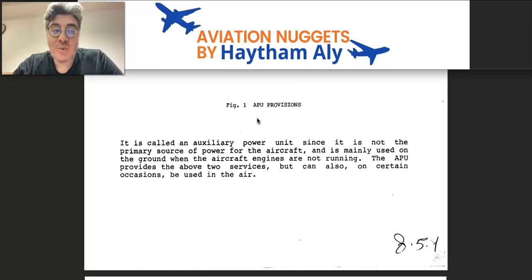So the APU will mainly be used on ground to allow the aircraft to be independent from bleed ground support equipment or electrical ground support equipment. The APU is mainly used on the ground when the aircraft engines are not running, and it provides the above two services, bleed and electrical power, but can also on certain occasions be used in the air.